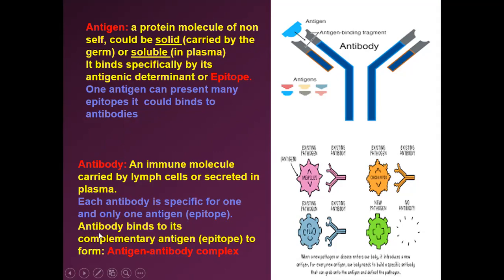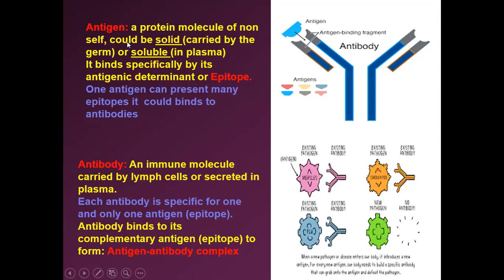Antibody binds to its complementary antigen to form an antigen-antibody complex. For example, the antigen, a protein molecule of non-self, for example, bacteria, could be solid, carried by the germ, by bacteria, or soluble in plasma. It binds specifically by its antigenic determinant or epitope.